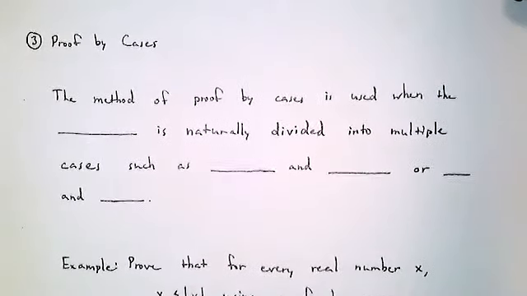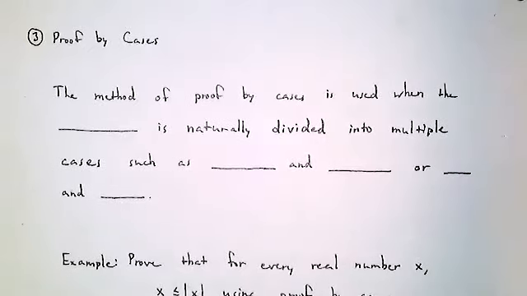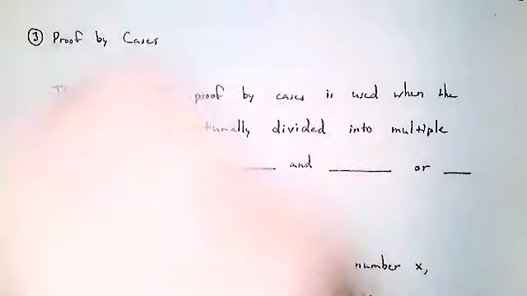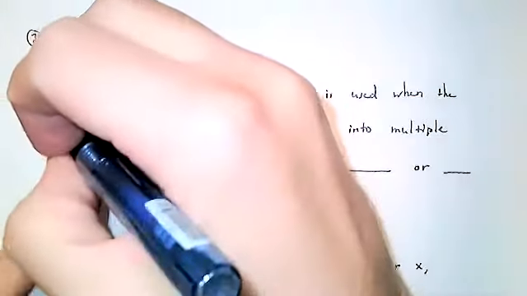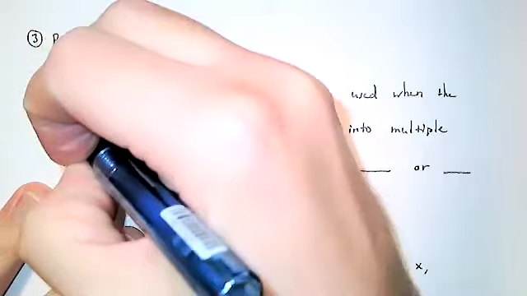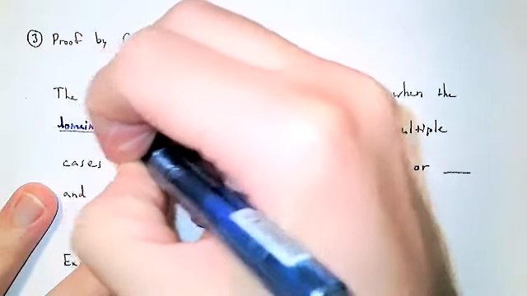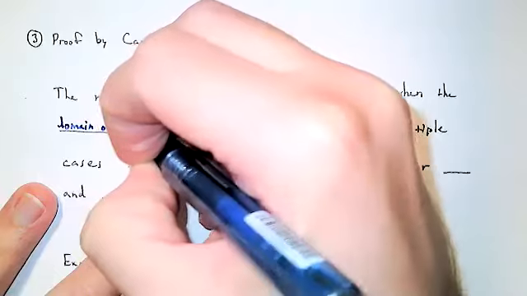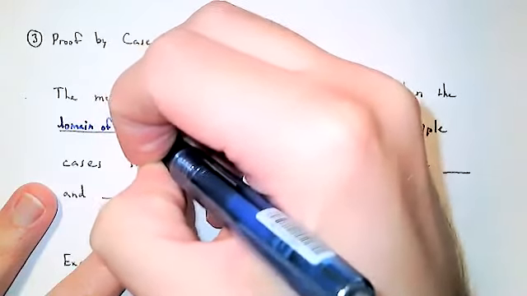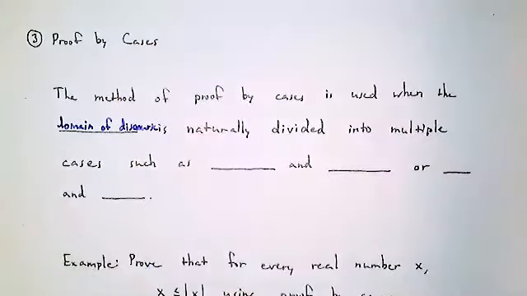This is another common proof method, and often you'll combine this method with another one. The method of proof by cases is used when the domain, or the domain of discourse, the things that you're talking about, can be naturally divided into multiple cases.